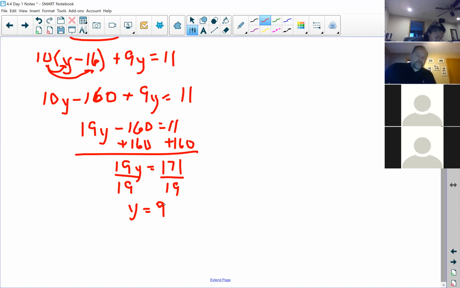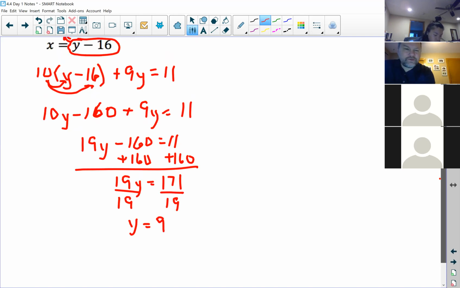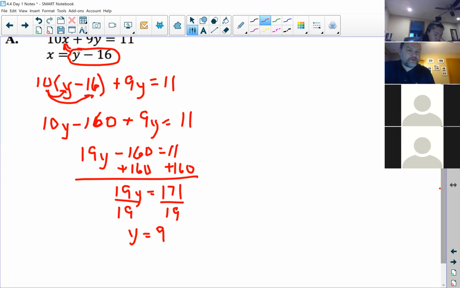And again, that's one I would probably use a calculator for. But 171 divided by 19 is 9. And now that I have my y value, I can plug that in. I'll plug it into that second equation to find my x value.